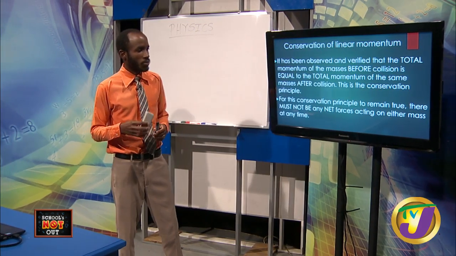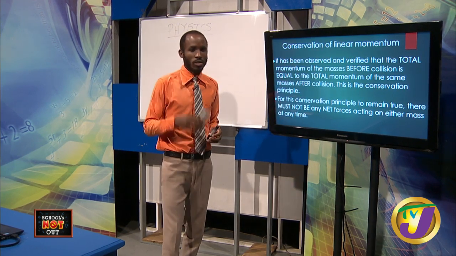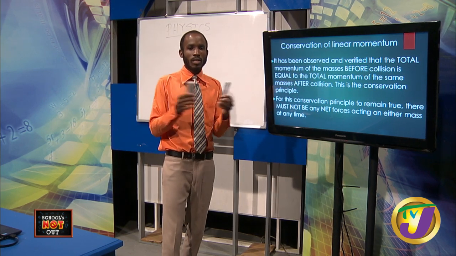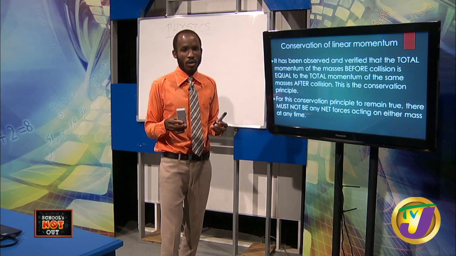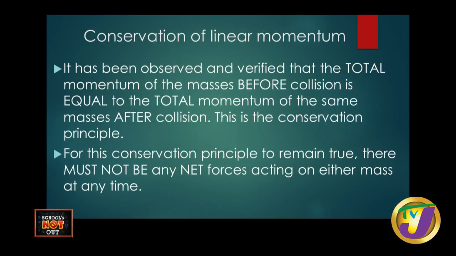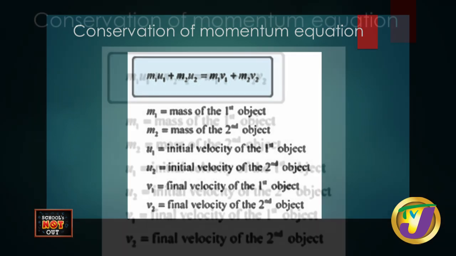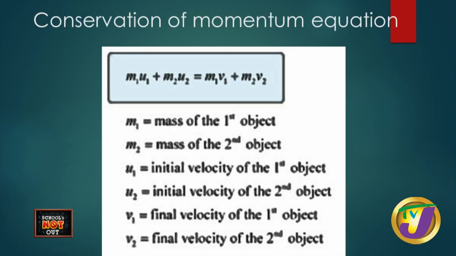For this conservation principle to hold, there must not be any net forces acting. So if they collide, nothing must cause them to speed up or slow down. Once you don't have any net forces acting, then the momentum can be conserved. The equation, I think it's a bit blurry, but you can see here: mass and initial velocity of 1, plus mass and initial velocity of the second object, equals mass and final velocity of 1 added to the mass and final velocity of the other object.